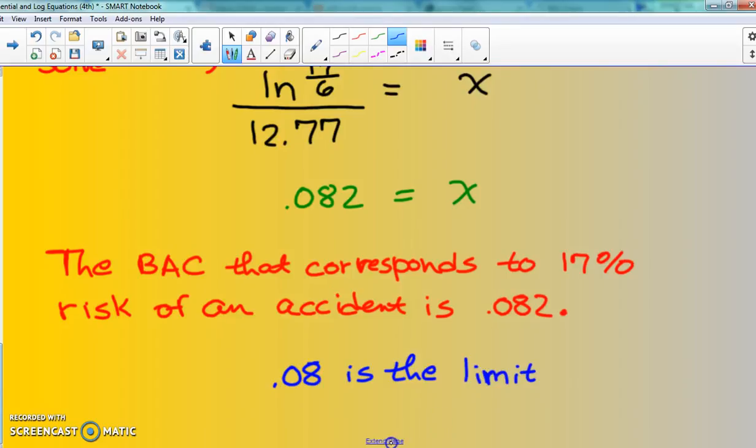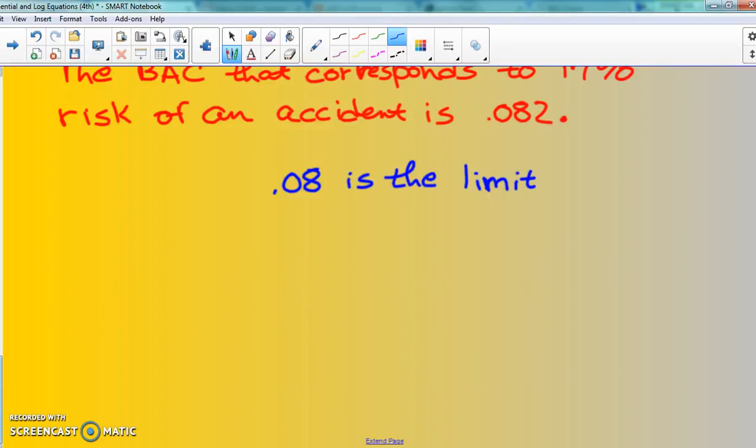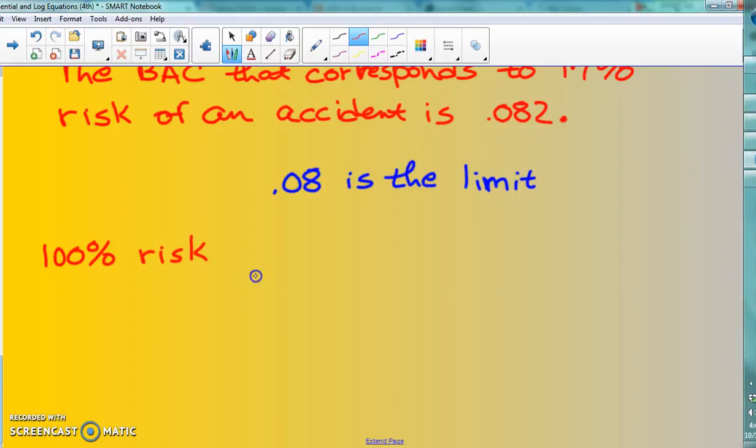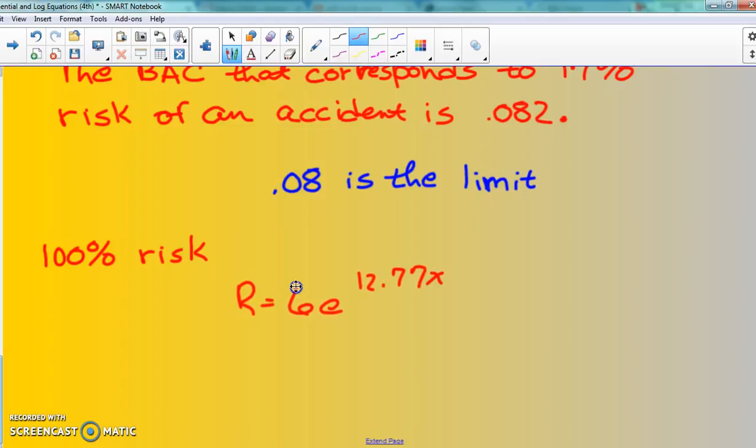All right, and before we finish this one, what is the actual blood alcohol concentration that you know that you're going to get into a car and you're going to get into an accident? So 100% risk of an accident. So we have the same equation, R equals 6e to the 12.77x power.